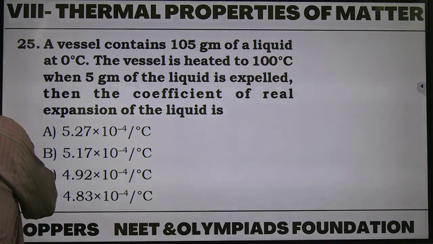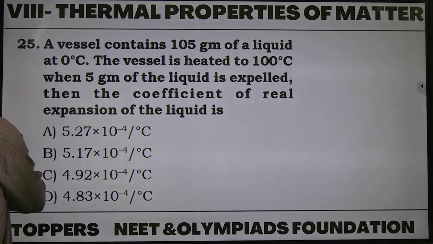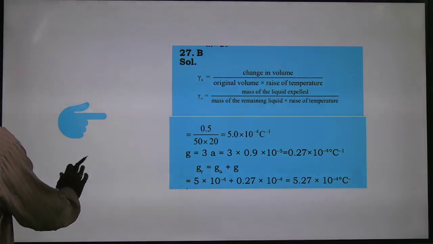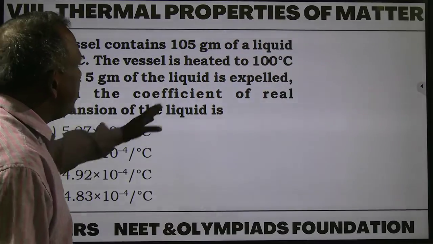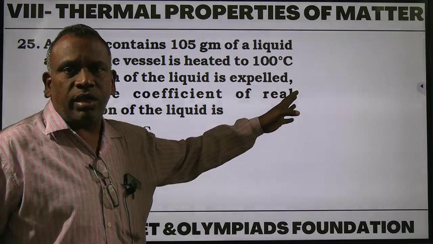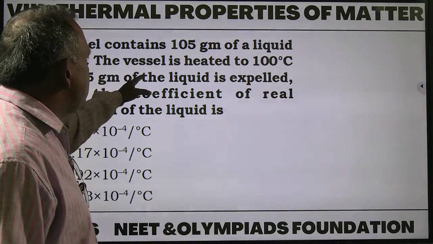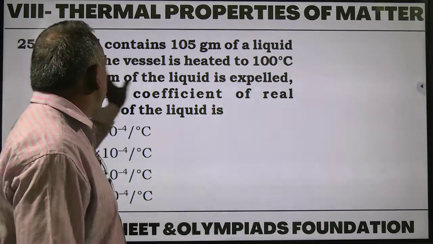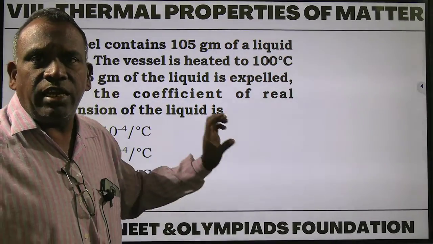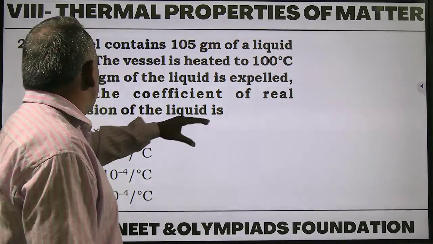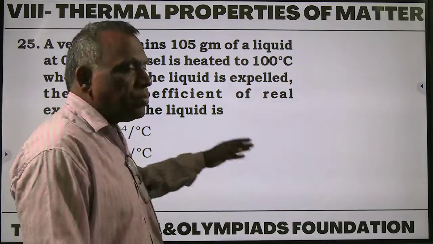See, in the 25th question, a vessel contains 105 grams of liquid at 0 degrees centigrade. The vessel is heated to 100 degrees centigrade. When 5 grams of liquid is expelled, find the coefficient of real expansion.